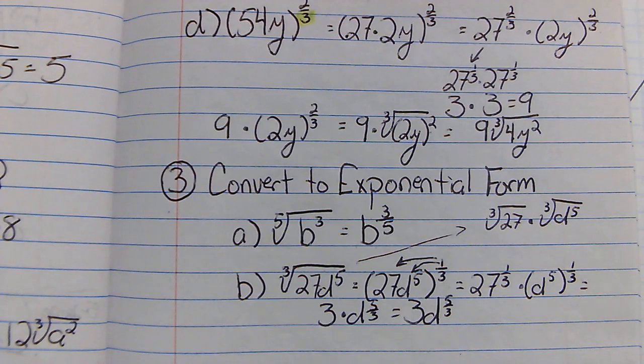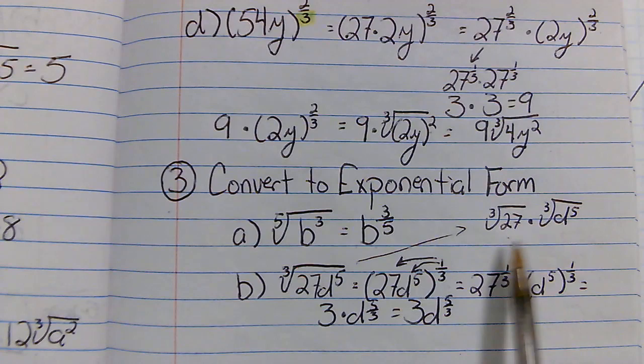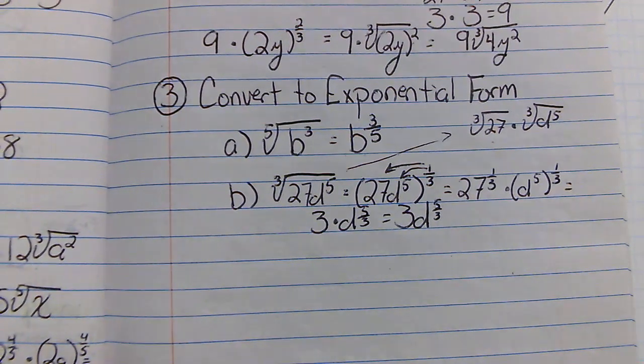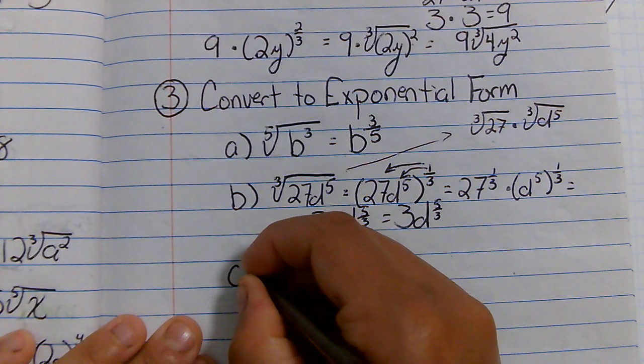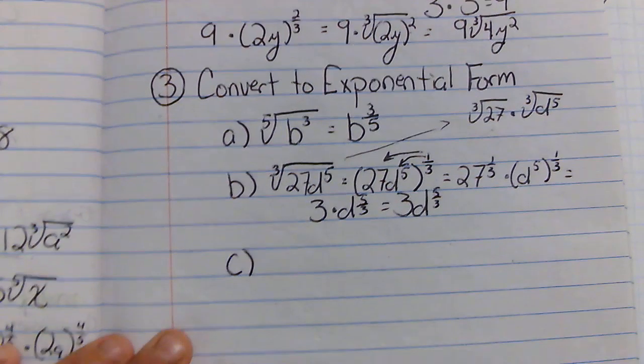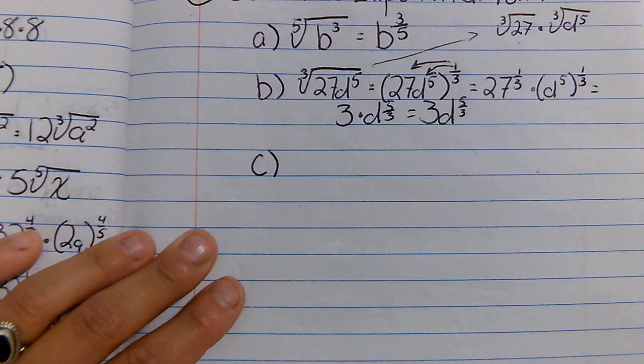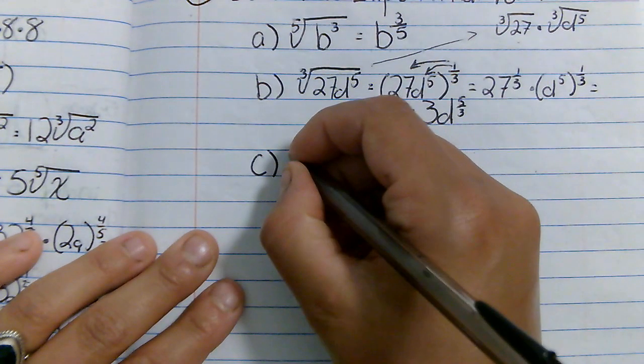So kind of two ways you can do it. You can bring it out this way, or you can split it up and do it that way too. Okay, let's try another. Now this one, you can't really split up because, I guess you could. We'll maybe do it both ways.